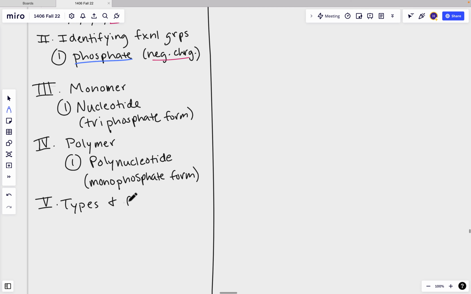So what are the types and functions of nucleic acids? We've got DNA. DNA's function is to store information. And what's that information for? To make proteins and RNAs, functional RNAs.